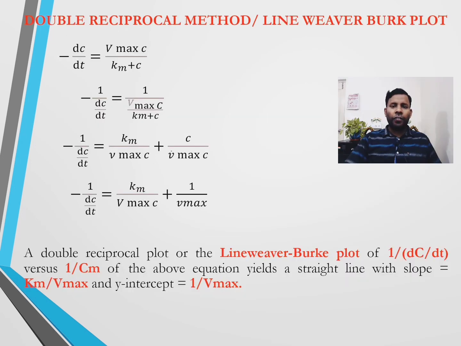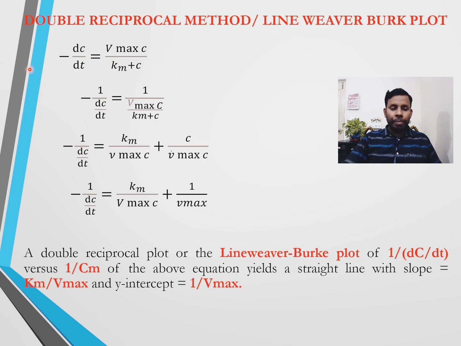One more method for estimation of Km and Vmax is the double reciprocal method, or Lineweaver-Burk plot method. What will happen in this method? We need to take the double reciprocal of our Michaelis-Menten equation.